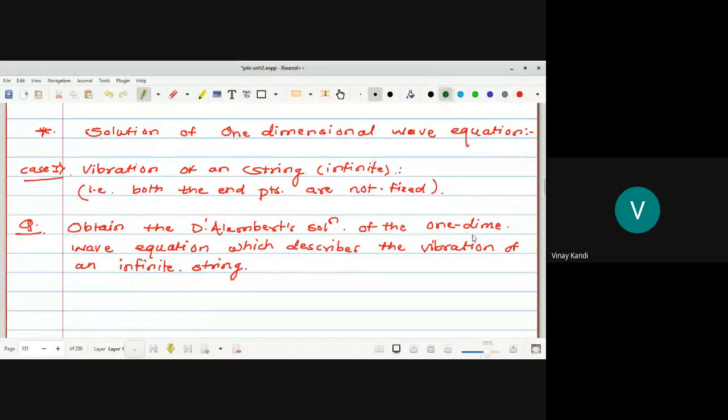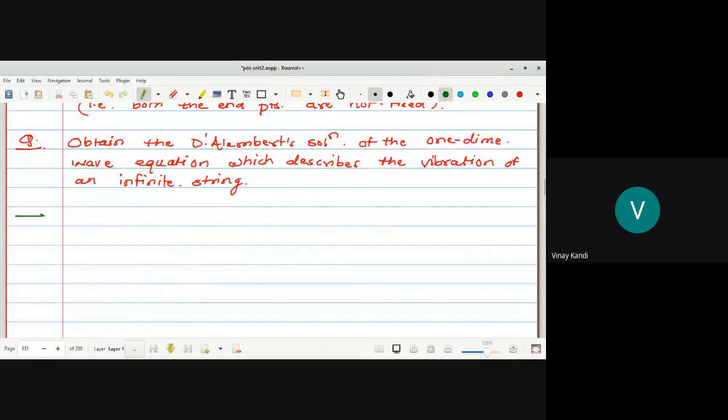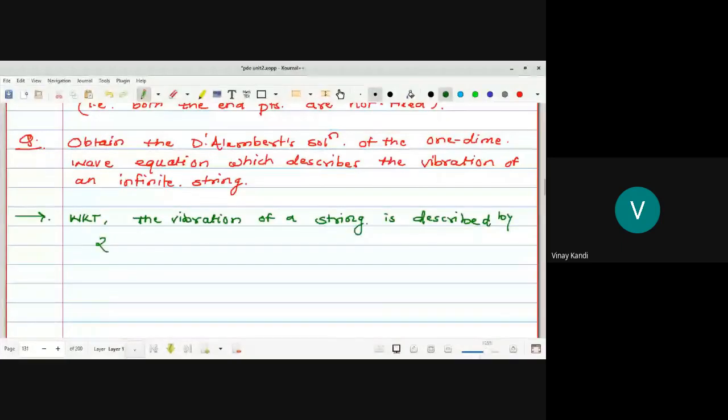So look at the solution now. What do we know? We know that the vibration of a string is described by a second order partial differential equation.